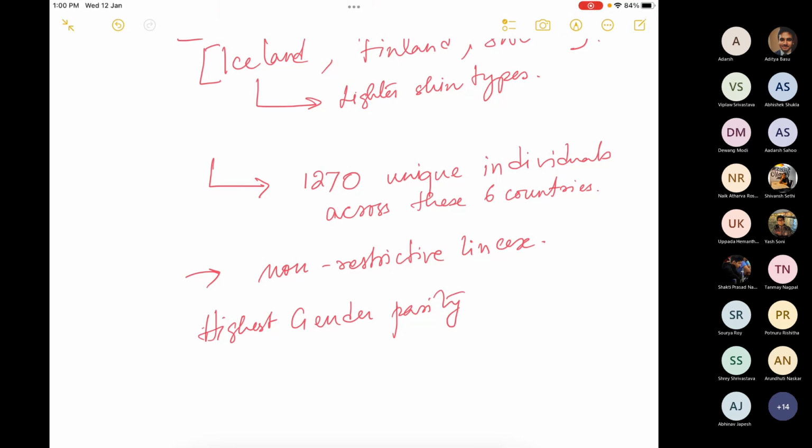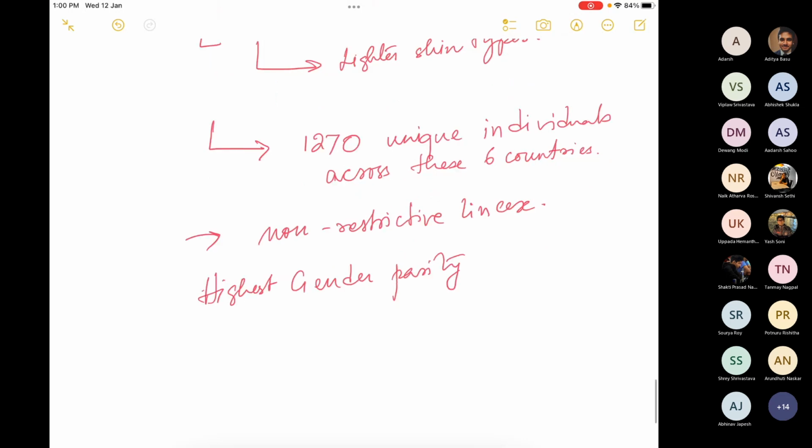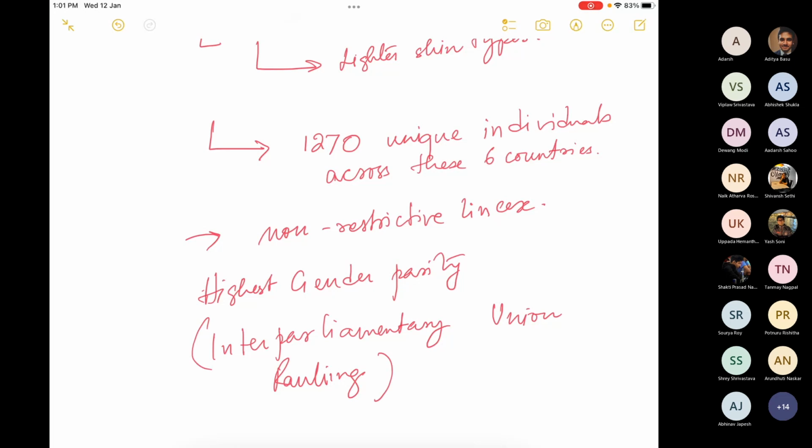If you rank them based on the interparliamentary union ranking, which is a ranking that is followed across all the parliaments across the globe, so if you rank all these parliamentarians across all these different countries, you find the best gender parity in these 6 countries.